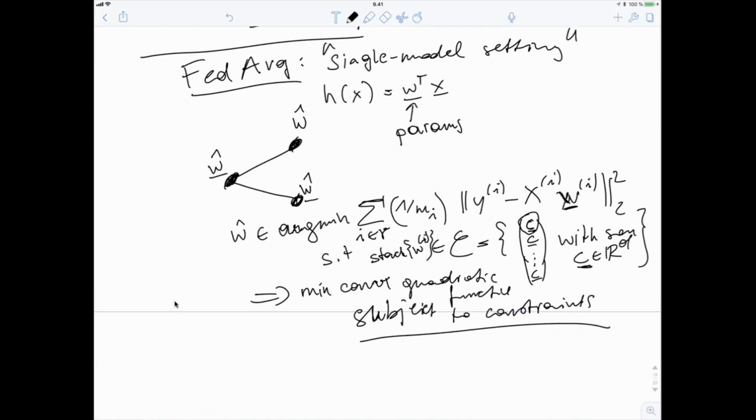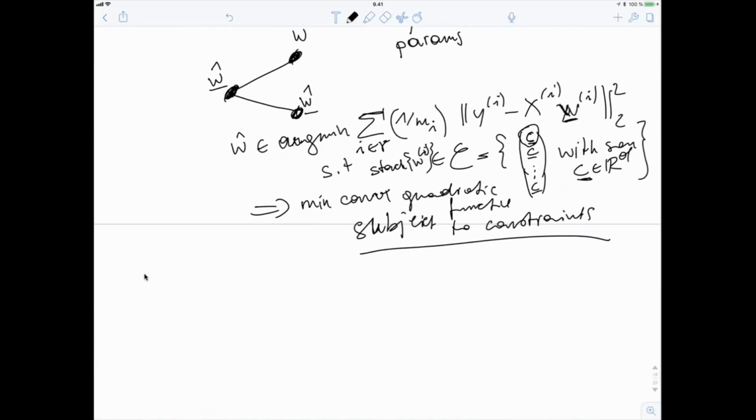How can we find the minimum of a convex quadratic function subject to constraints? Using projected gradient descent.